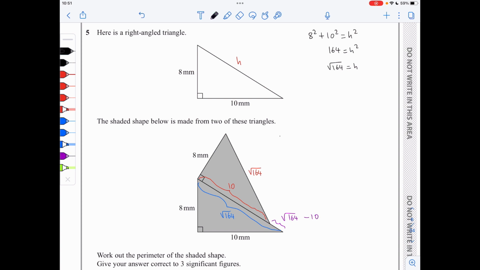Therefore, the perimeter, if I start from the bottom left-hand side, it's 8 plus 8 plus root of 164 plus root of 164 minus 10 plus 10. And this gives an answer of 41.6 centimeters.